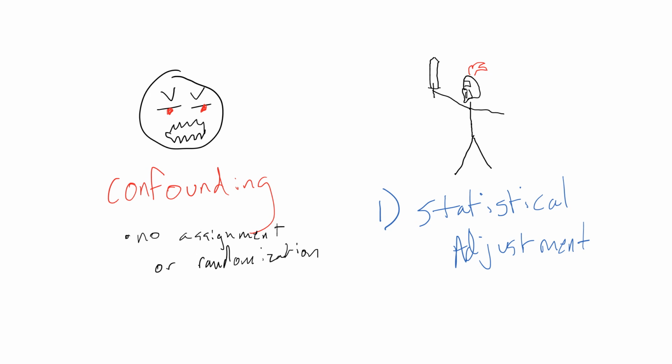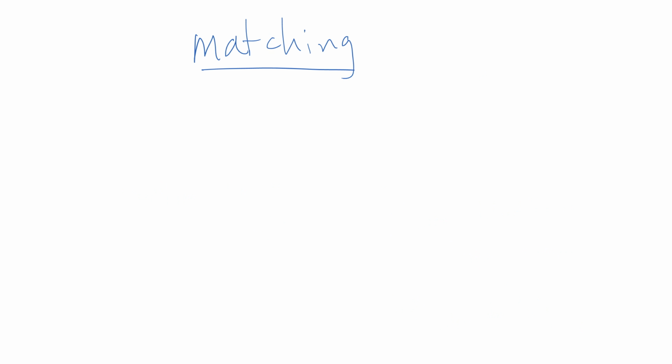There are 2 common procedures for reducing confounding bias in case control studies. The first, like cohort studies, is statistical adjustment, which is briefly described in another video. The second is matching. The basic concept of matching is that we make our case and control group equal on potentially confounding variables. Say, for example, we're worried that age might confound the relationship between our outcome and our exposure.